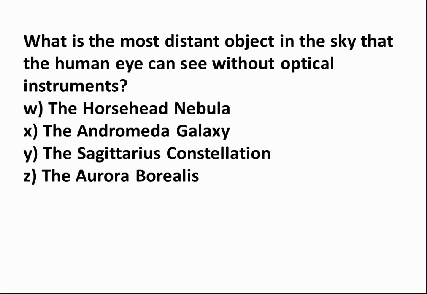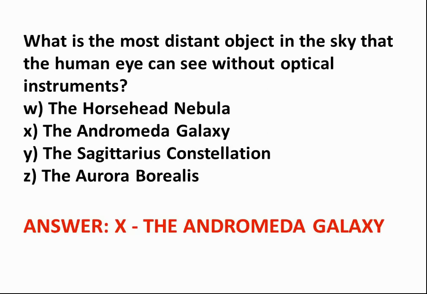What is the most distant object in the sky that the human eye can see without optical instruments? W. The Horsehead Nebula. X. The Andromeda Galaxy. Y. The Sagittarius constellation. Z. The Aurora Borealis. Answer: X. The Andromeda Galaxy.